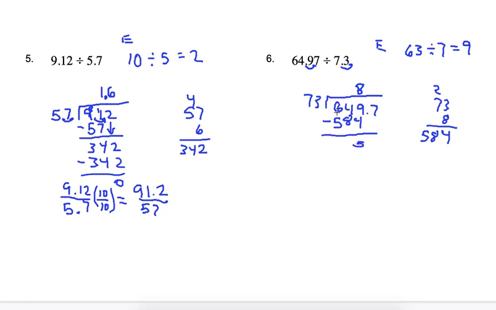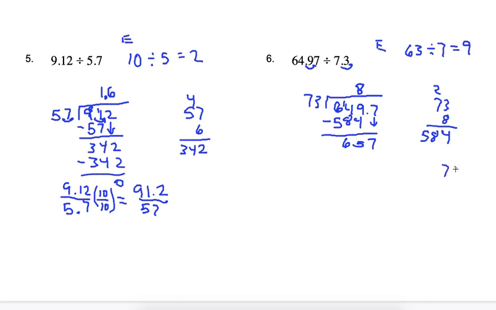We have to borrow here. That's going to give us a 6. We bring our 7 down. I know that multiplying by 9 is going to give me something that ends with a 7, so that's probably what I would try. Let's just try that over here and see.